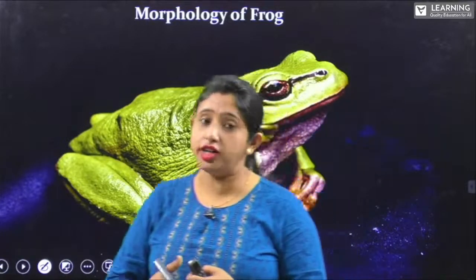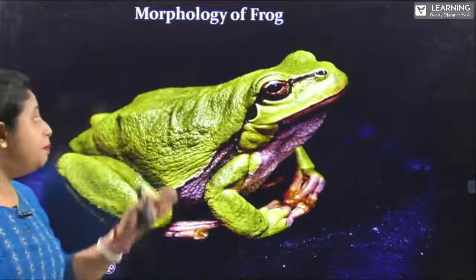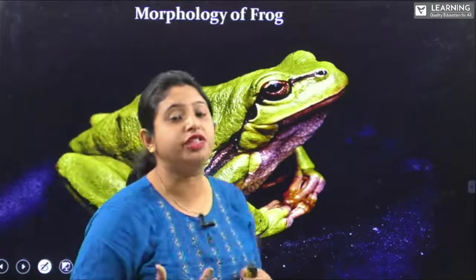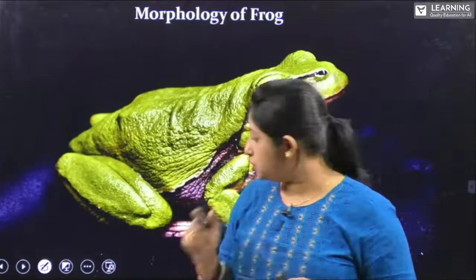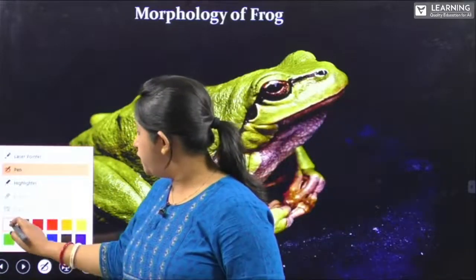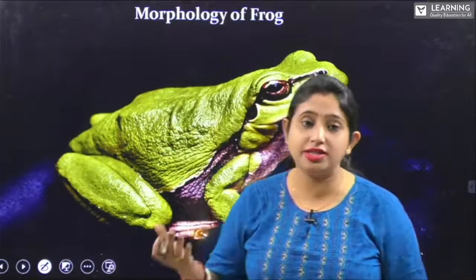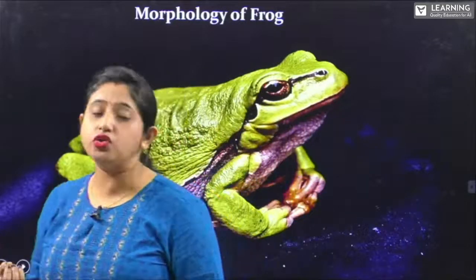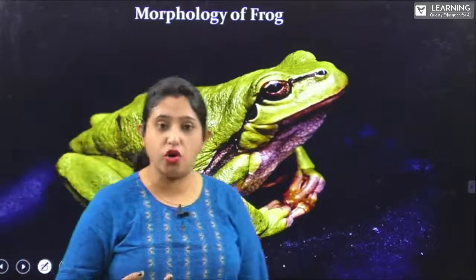The frog also has a membrane in its eyes, known as the nictitating membrane, which provides protection to the eyes. Generally we see frogs on land and also in water. They generally prefer moist places.